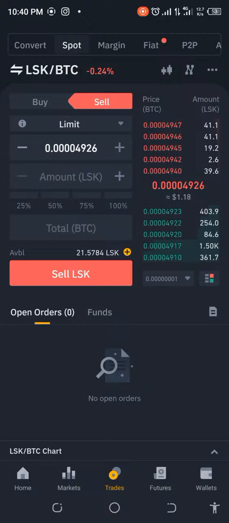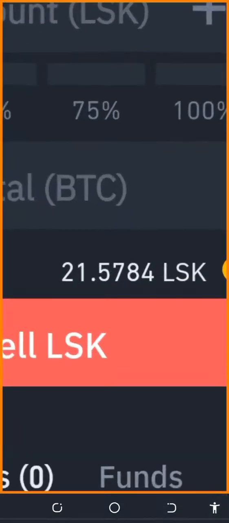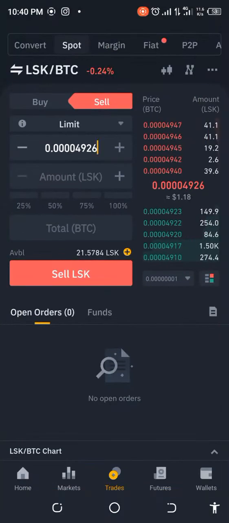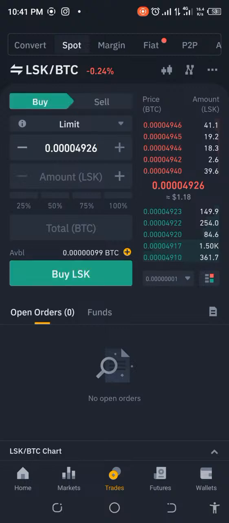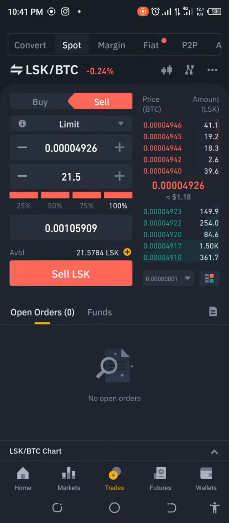Okay, so I'm back and I can see that it has already bought. You can see that we already have our LSK, but I'm seeing something really juicy here that I'm not going to let go. I'm turning this to spot trading. So I'm thinking of selling it back and I'm going to make a profit. Interesting. I hope I'll be able to make profit with this.